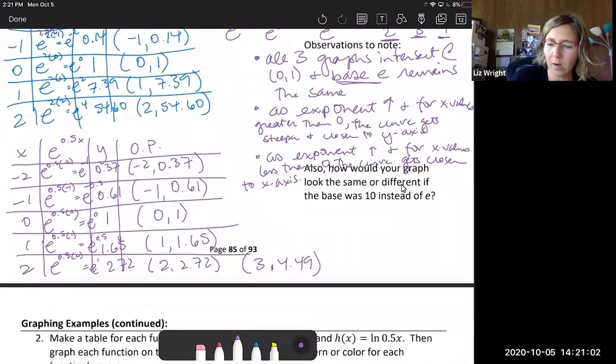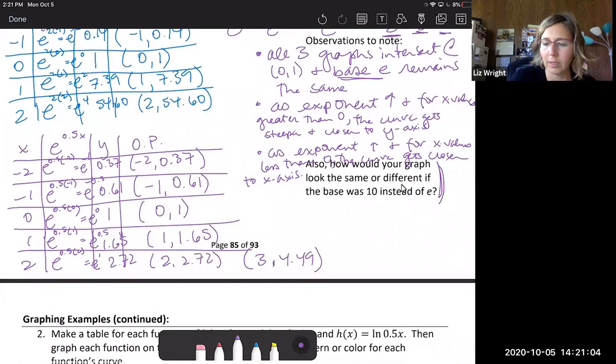Okay, so how would our graph look the same or different if the base was 10 instead of e? They'd have similar shapes, right? The shapes of the graphs are still going to follow the same trend, but it's going to increase at a much, much faster rate with a greater base, because the base would be 10 instead of e.